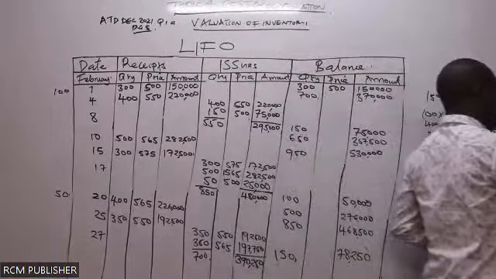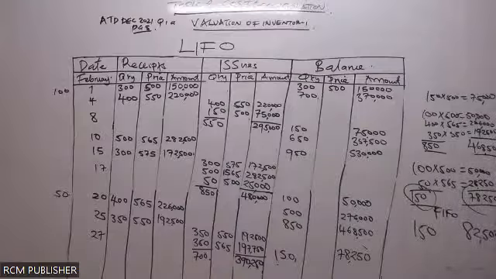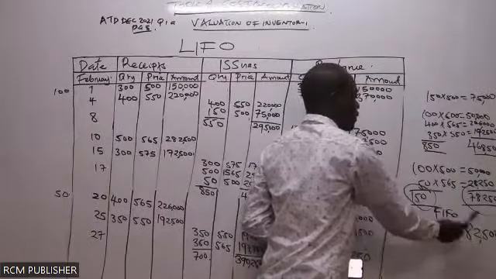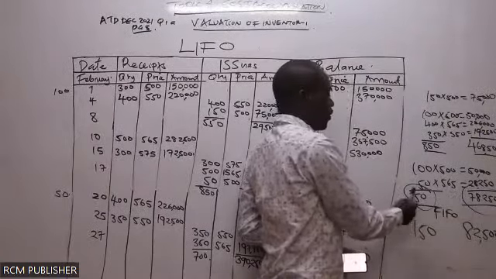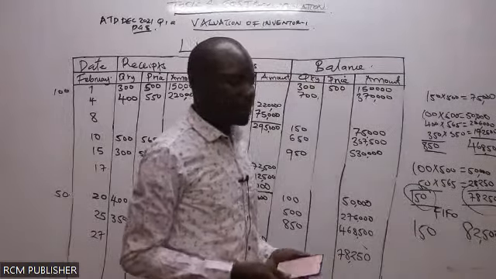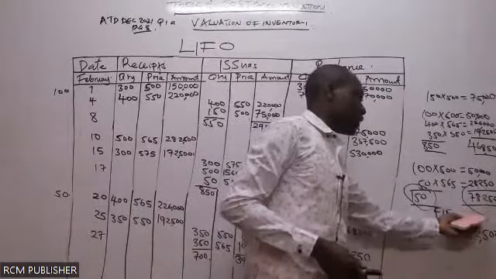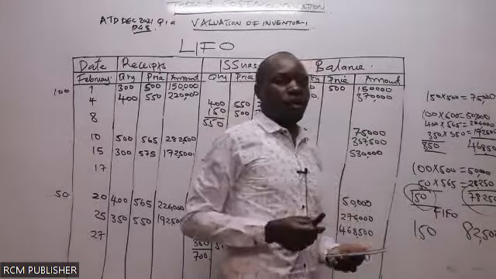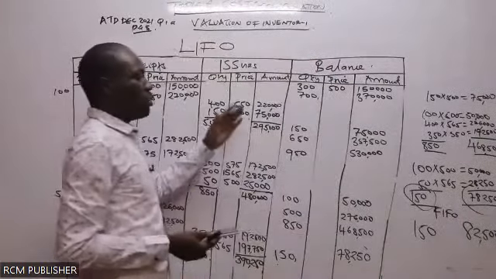You can see that the value of the closing inventory is different, even though the units are the same. So now it is upon the management to look at the effect of this difference in their financial statements and how it will affect them when they pay taxes.